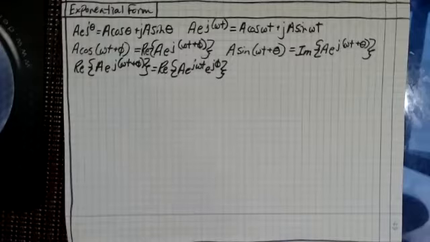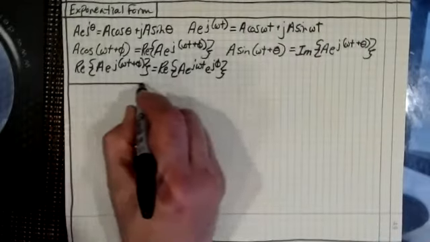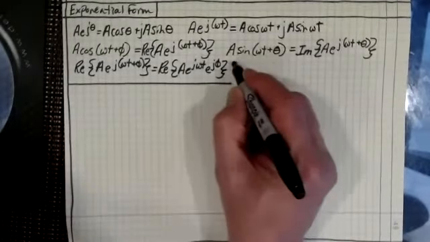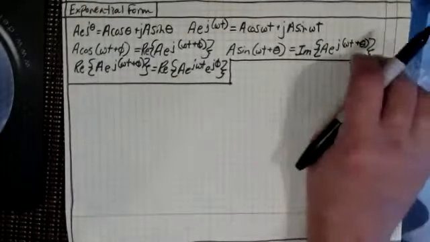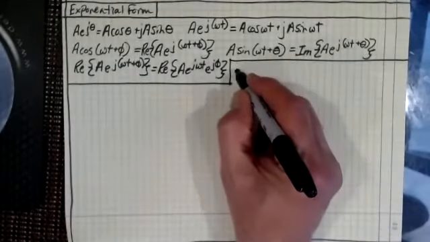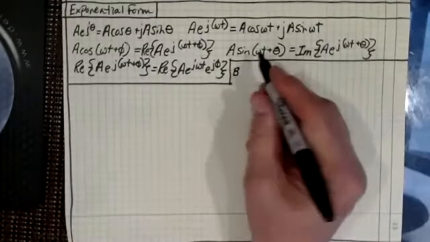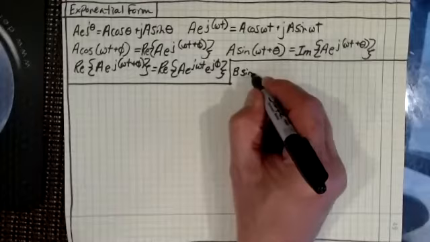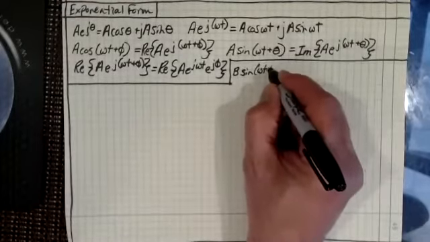Now, what if I wanted to go from the imaginary to the real? And that's what I want to point out to you right now. Okay, let's just cut this off right here and let's look at an example. For instance, let's say that I had B, think of it as a magnetic field or something, times the sine of omega t plus phi.